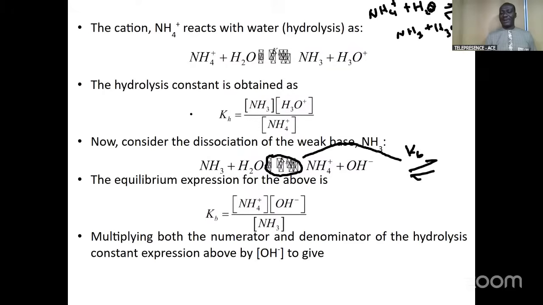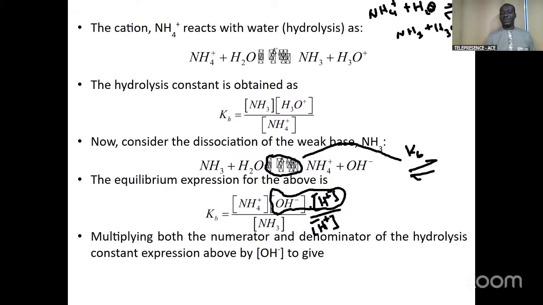Now, just as I did in the previous one, I could use this or this. This time around, let me use Kb here, since I've used Kh in the other one. What I will do is multiply this by the hydronium ion, and if you do that, you multiply this also by the hydronium ion. Now the product here is simply Kw.